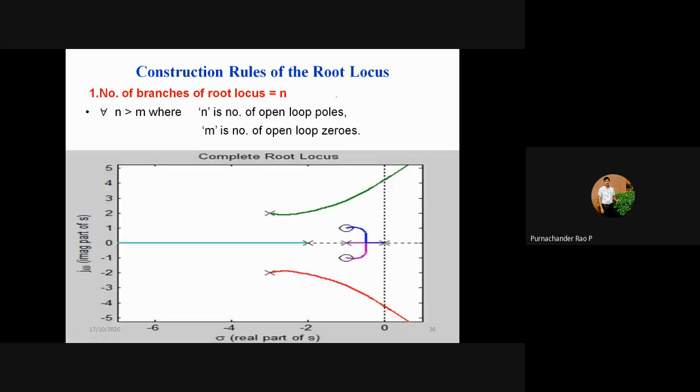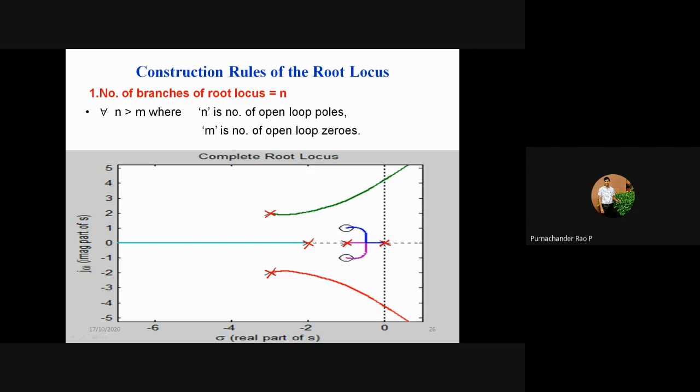Okay, just see here, the system is having a pole 1. This is a complex pole. Okay, so this is also a complex pole. This is a pole and this is a pole. So 1, 2, 3, 4, 5. Okay, so here there are 5 poles available, and therefore the number of root locus branches for this system must be 5.